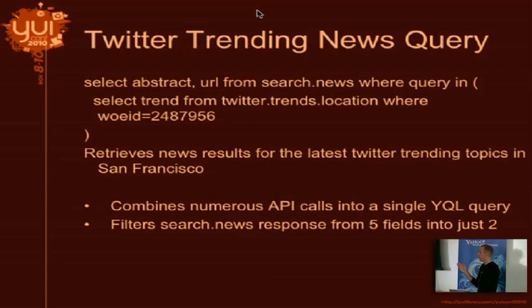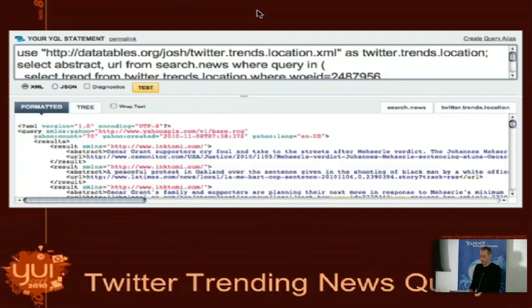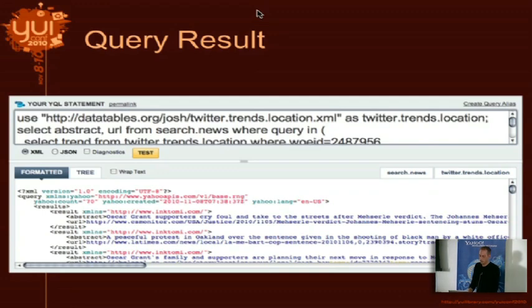It also takes multiple XML fields from the search.news response and filters it down just to the ones that we care about. So then here's our end result: all Twitter trending data, or trending news articles in San Francisco from Yahoo News.